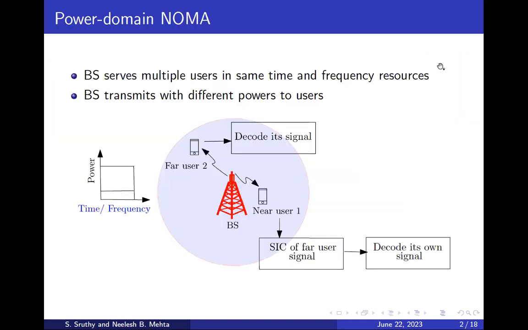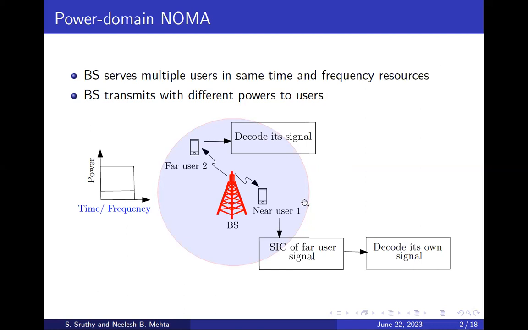NOMA stands for Non-orthogonal Multiple Access. In NOMA, the base station serves multiple users in the same time and frequency resources. In power domain NOMA, as the name suggests, the base station transmits with different powers to these users.